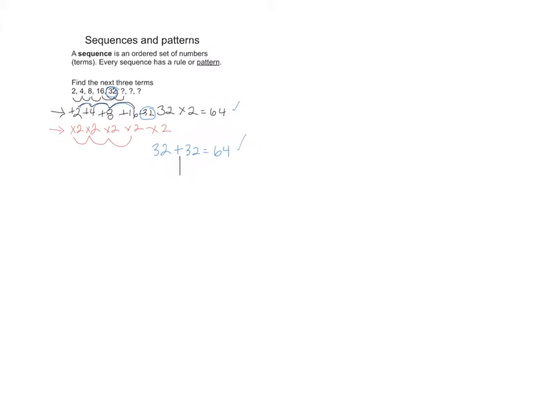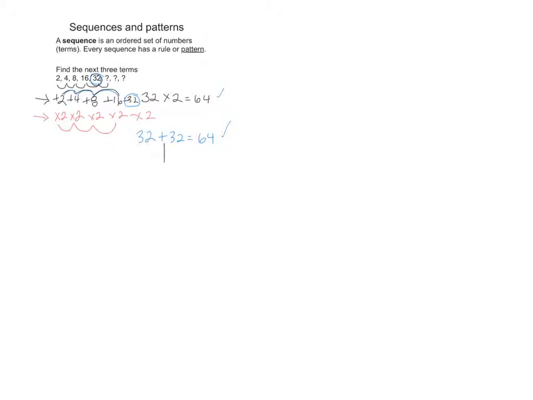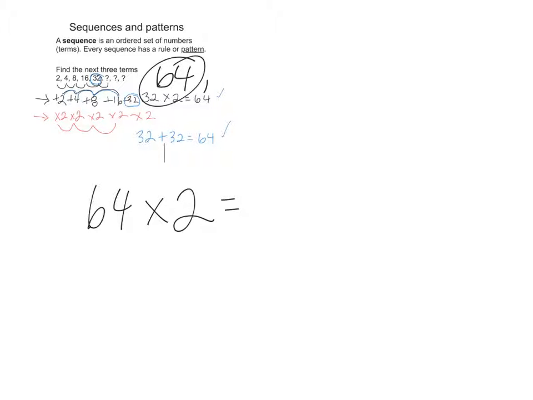I'm going to move this over here so I have more space. And I'm going to write the next two terms. So continuing my pattern, 64 was my next term. I need to take that and multiply it by 2. 64 times 2 will give me 128. I'll write that up here as the next term in my sequence.